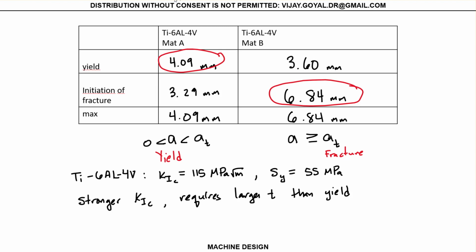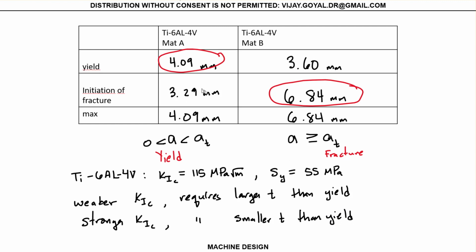So I did this opposite, so it's saying a weaker KIC is going to require a larger T than in yield. A stronger KIC is going to require a smaller T than yield. And you can see that from the problem itself.